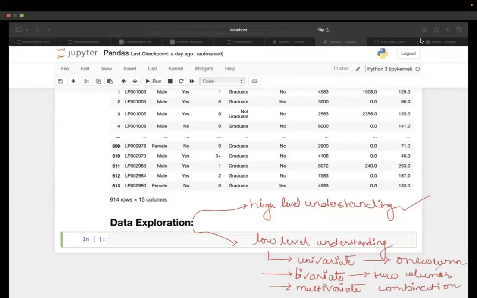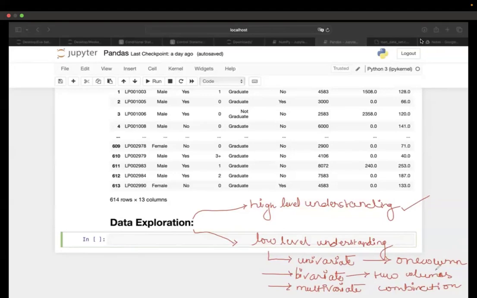Now, guys, this is a very important interview question: what is univariate, bivariate, and multivariate analysis? You have to tell them that whenever we explore the data, whenever we perform data analysis, we take combinations of different columns to understand the data or to find insights from the data. Then we perform univariate analysis, which means applying the commands on a single feature, understanding the single features of the data set.